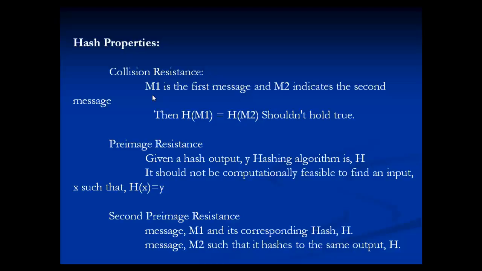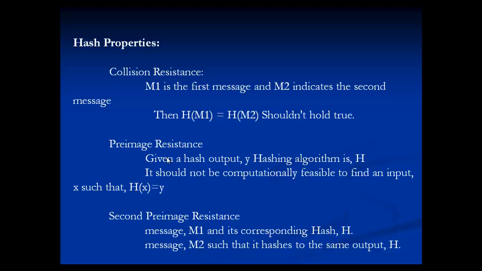Another one is pre-image resistance. If a hash function has generated an output Y, it should not be computationally feasible to find another input which generates the same output using the same function.